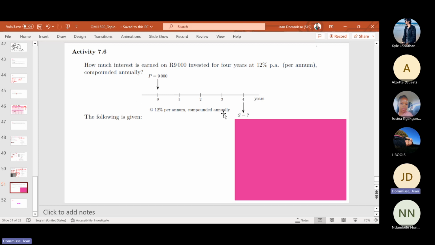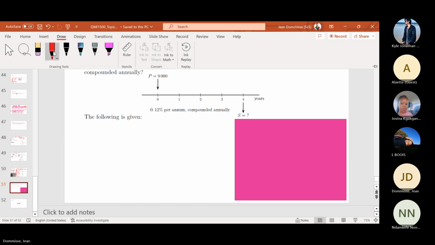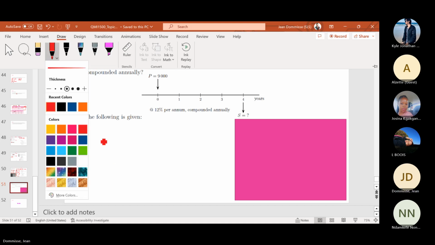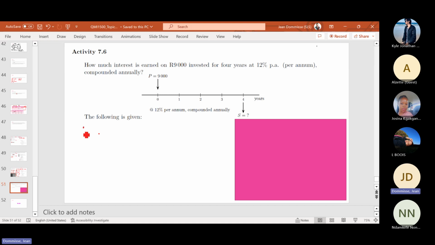Okay, so as always, love to do the timeline. It just helps when you need to look at what you need to get to. So the things that we have in this one is we've got our P.